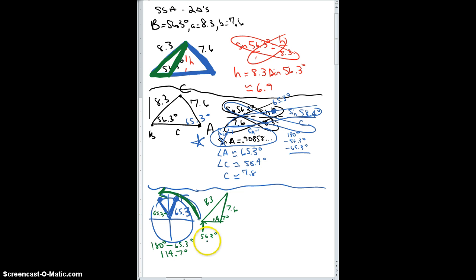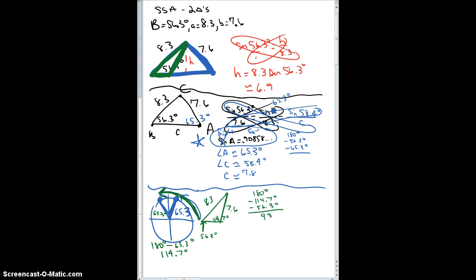Alright, so again, kind of like before, I know two of my angles, so the next step would be to take 180 degrees, subtract the 114.7 and subtract the 56.3, and see how many degrees are left for the other guy. And it looks like that's going to be 9 degrees.